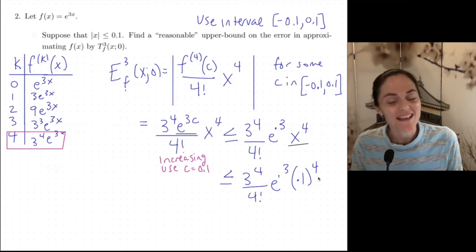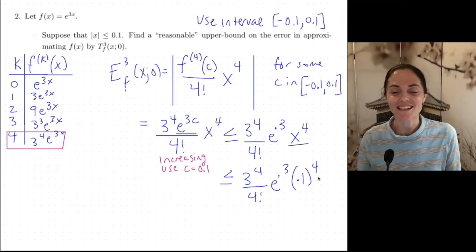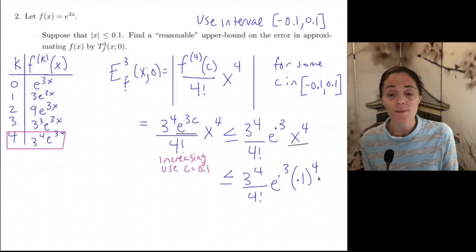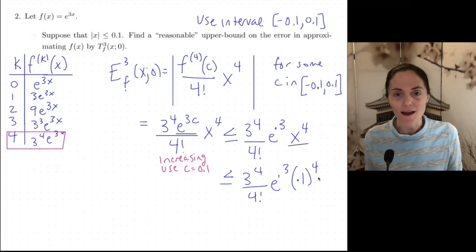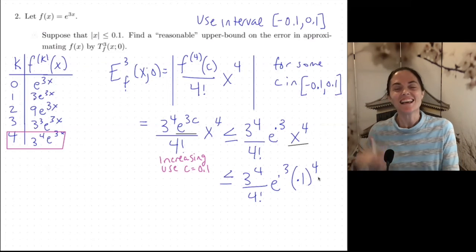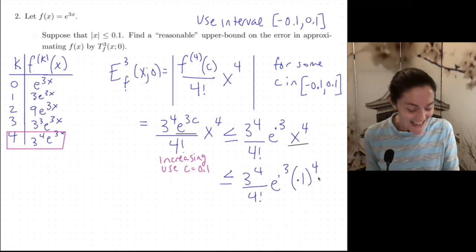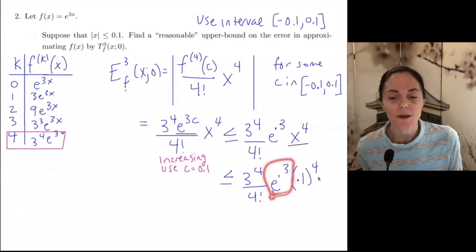The problem is, this is not the best way to leave our answer, because if I say, approximate e to something, how close are you? And you say, well, I am e to something. Well, how close is that, right? So leaving this in an error estimate is kind of circular.